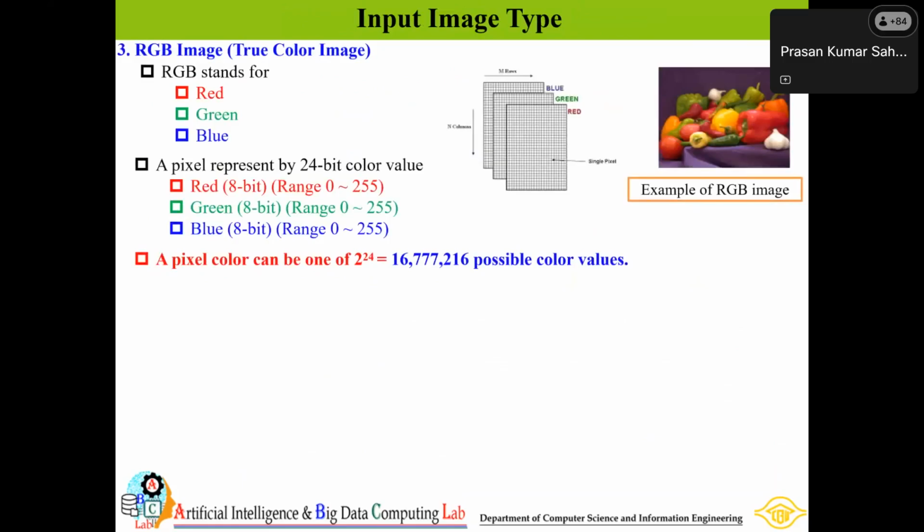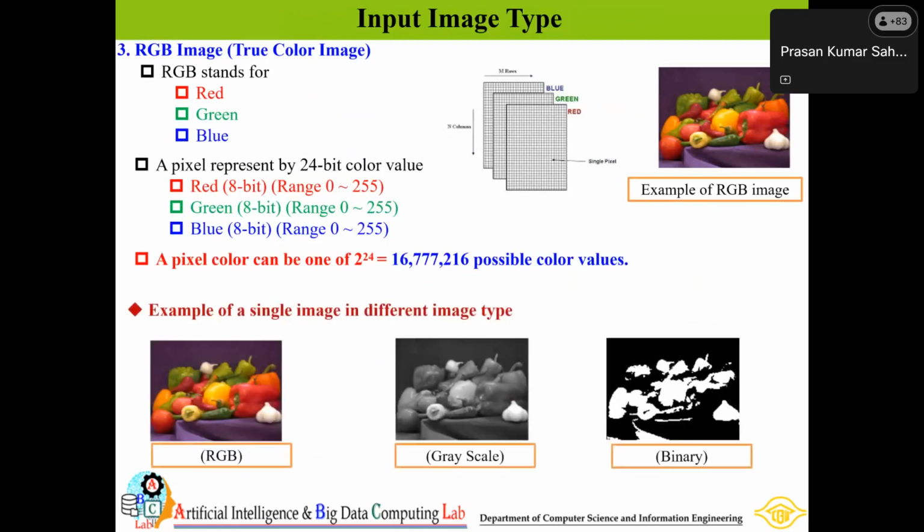So it will be 2 to the power 24. So there are different possible color values we can get, and that's why in deep learning we initially consider three different channels: red, green, and blue.